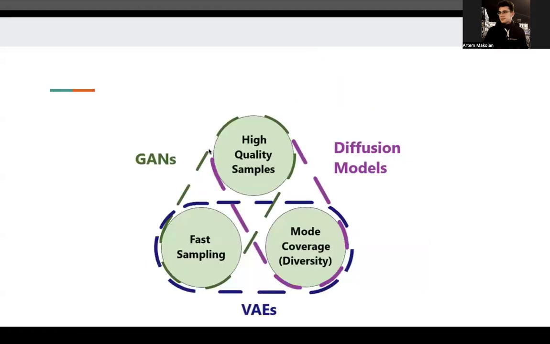Okay, and here is the end of our lecture about diffusion. We have 3 properties we want from our generative model. Fast sampling, to sample fast, high quality samples, and we want images to be beautiful, they should have quite high quality, and mode coverage or diversity.